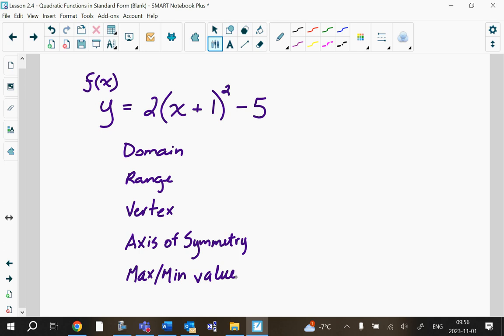You've got to be a bit more specific. What about the x-intercepts? Did I ask you to find them? You were asked how many x-intercepts. You were not asked to find them. But you are asked to find the y-intercept. I think that's pretty much everything.